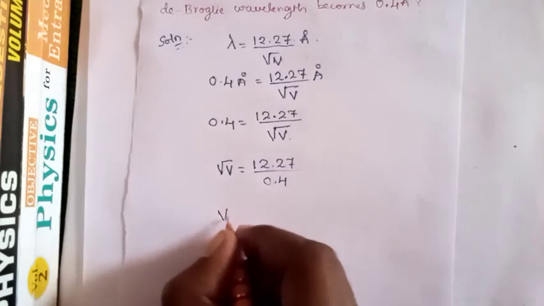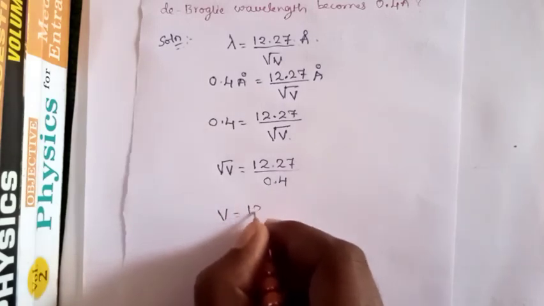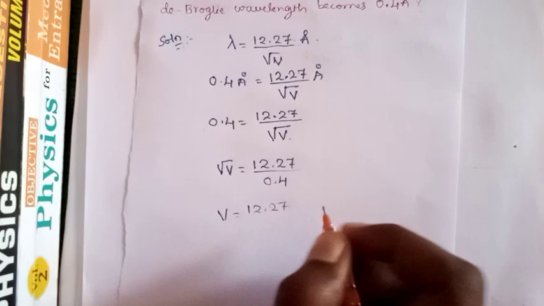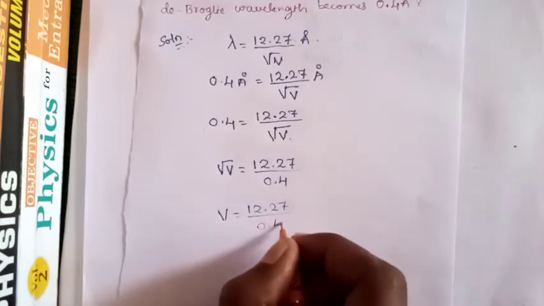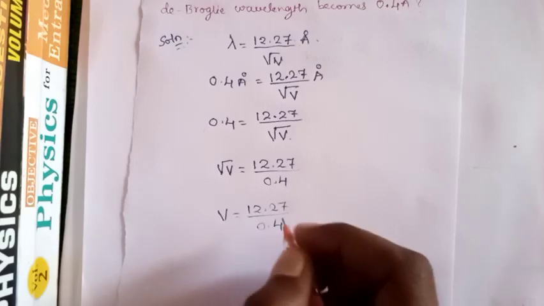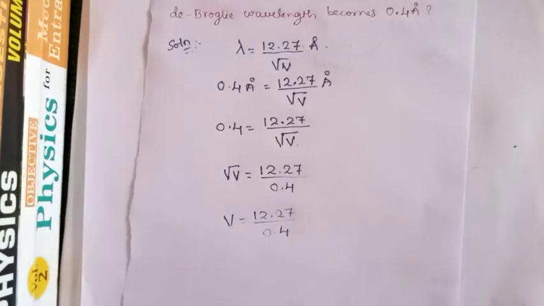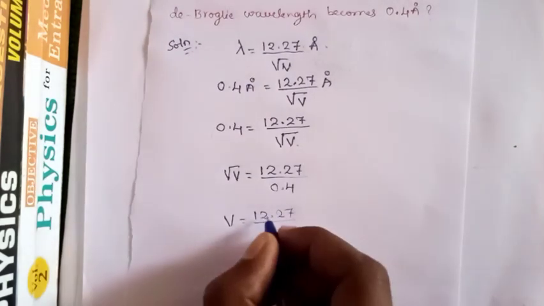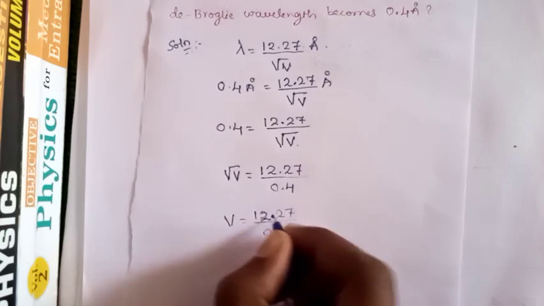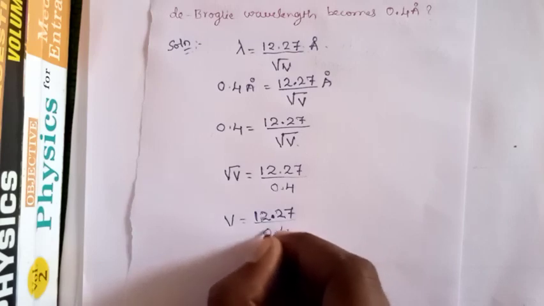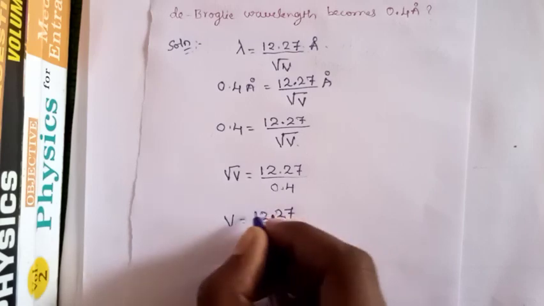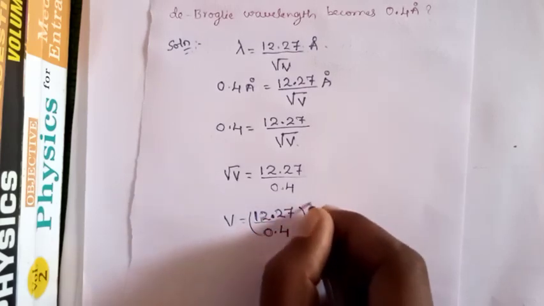That is V is equal to (12.27 divided by 0.4) whole square, because we squared on both sides.